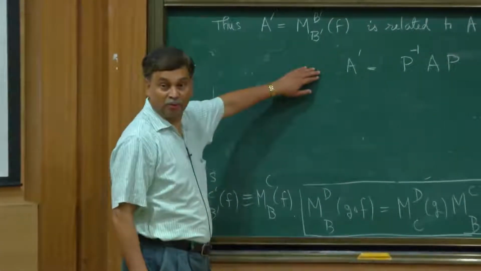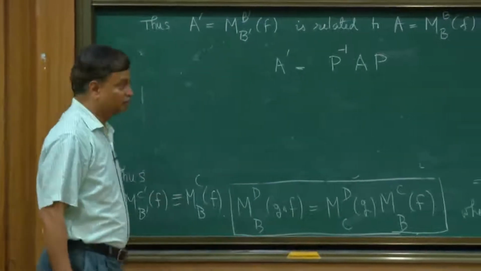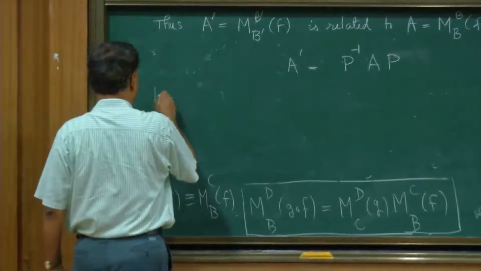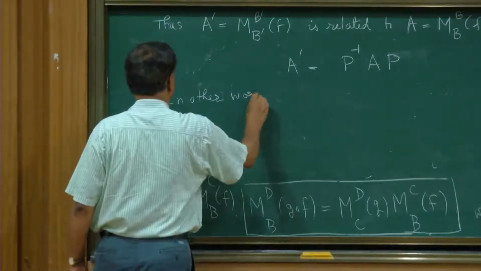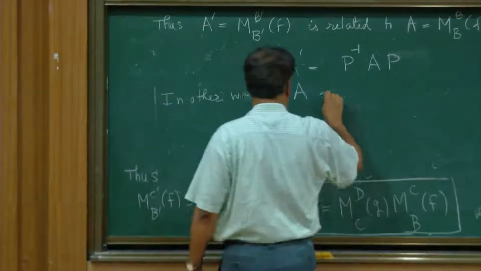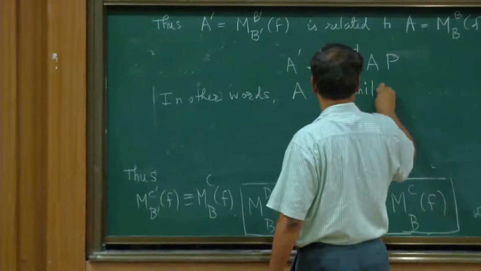So, this is called the relation of similarity. Okay. So, definition: in other words, A is similar to A dash.